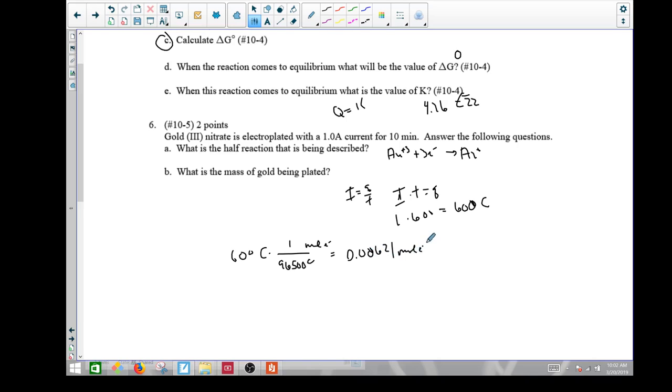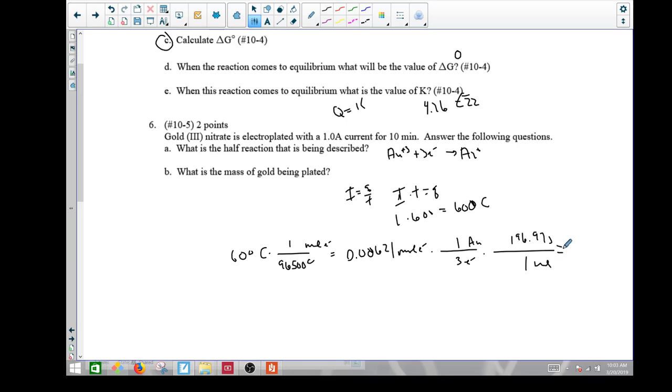For every 3 electrons we get 1 gold, and for every 1 mole of gold we get 196.97 grams.